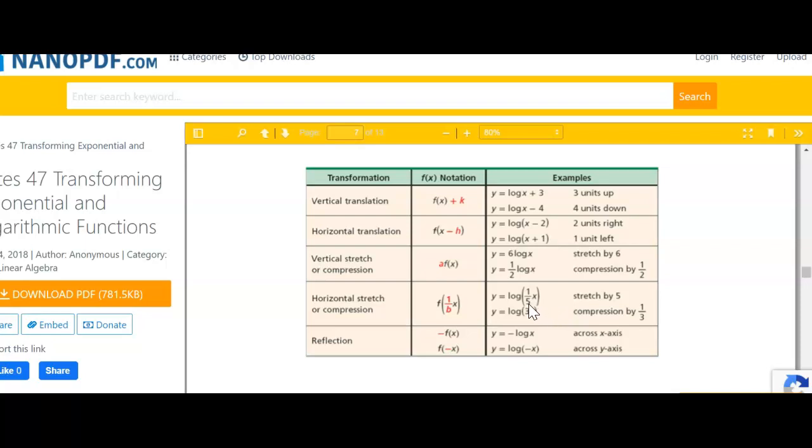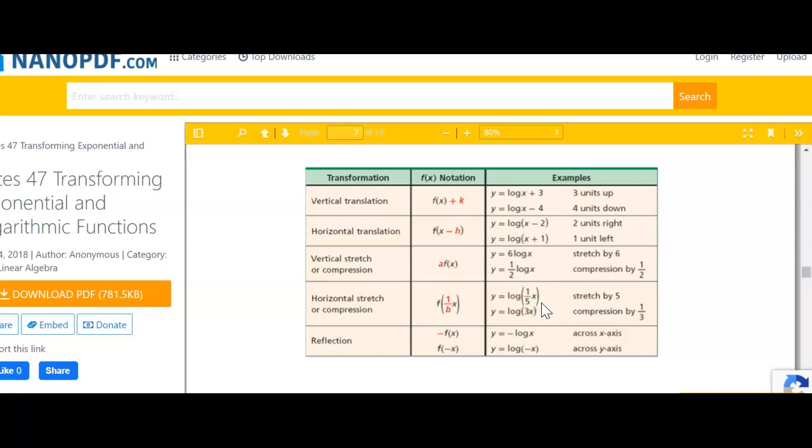So if we go down to horizontal stretch or compression, that's your dilation factor. Your coefficient of x is going to tell us that dilation factor, and it's just the reciprocal.